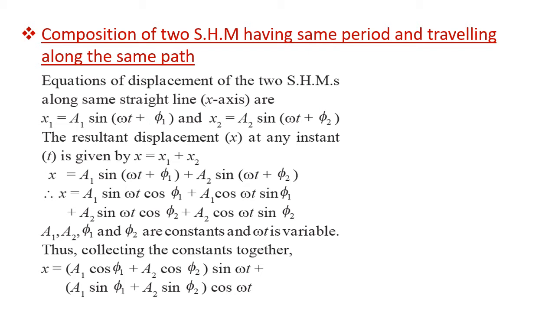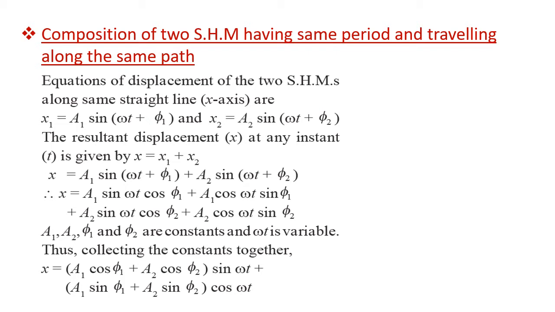Let us say the first equation is x1 equals a1 sin(omega t plus alpha 1) and the other equation is x2 equals a2 sin(omega t plus alpha 2). Remember here a1 and a2 are the amplitudes and x1 and x2 are the displacements.